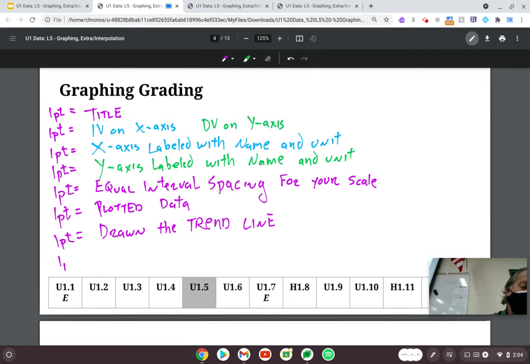And then for the last and final point, you will have used at least two-thirds of the space given.